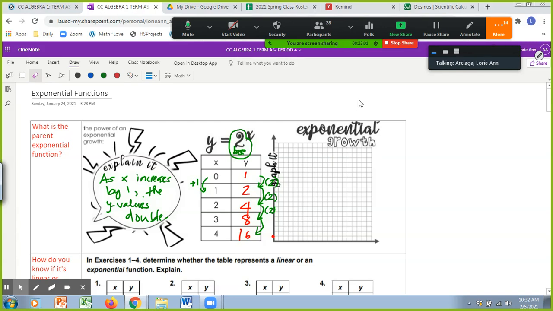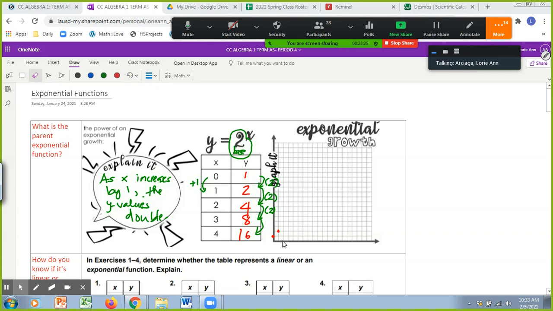You ready with that? Okay, so let's graph it. So 0 for x, 1 for y. Let's keep going. 1 to the right, up 2. 1 to the right, up 2. Okay, next. 2 to the right, up 4.